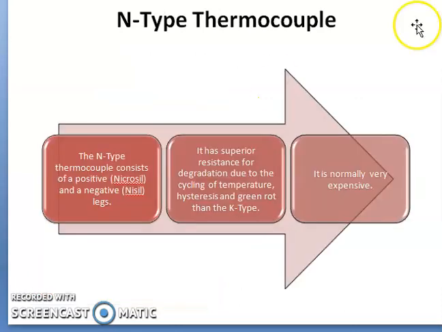And the third one is the N-type thermocouple. The N-type thermocouple consists of positive and negative legs, which are made up of nicrosil and nisil. It has superior resistance to degradation due to temperature cycling, hysteresis, and green rot compared to the K-type, and it is normally very expensive.